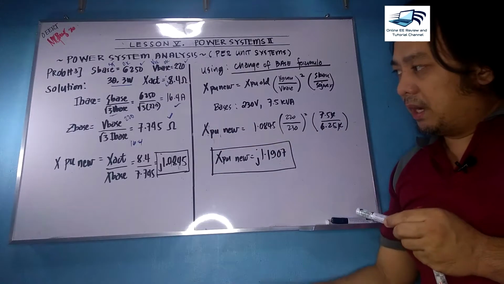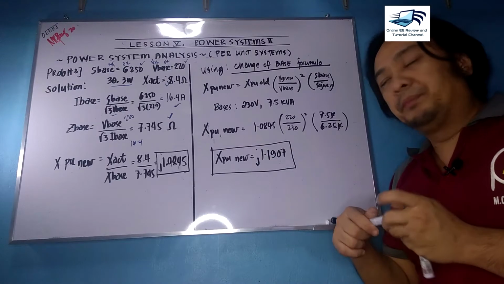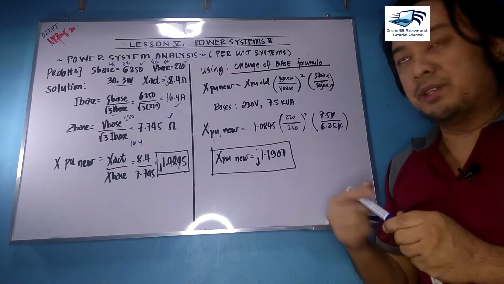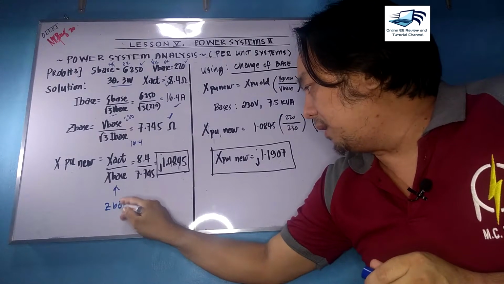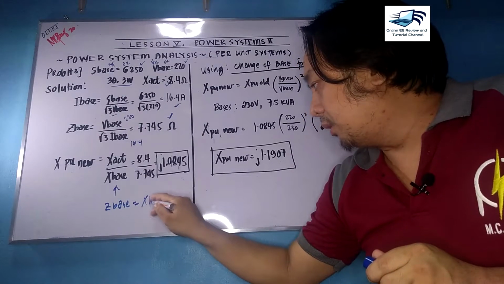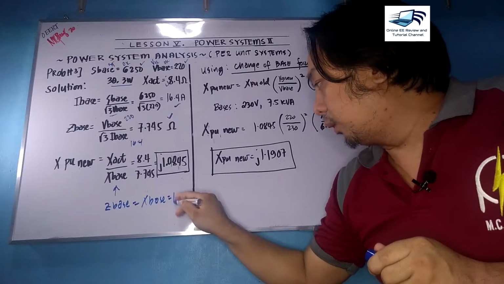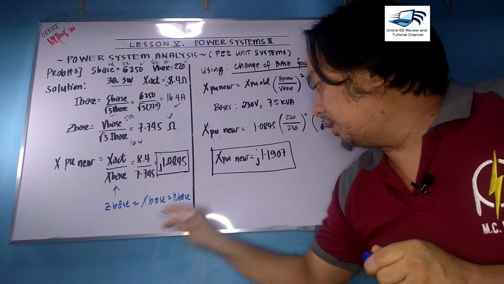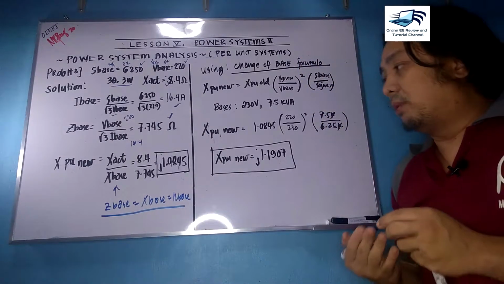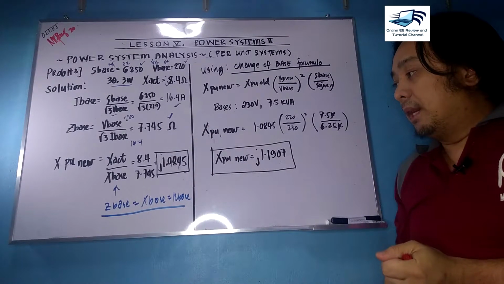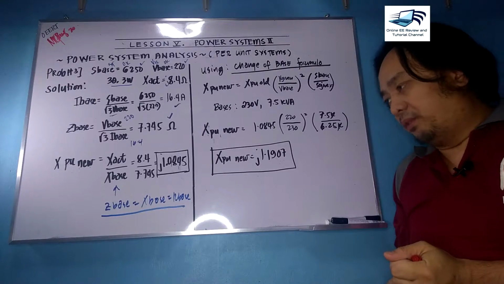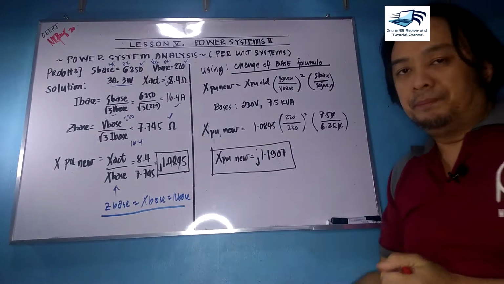Of course, we have X per unit, which is X actual over X base. However, this X base is also the same thing as Z base, equal to R base, simply because you're considering an ideal transformer. So you have 8.4 over 7.745. The answer is J1.0845 in per unit.